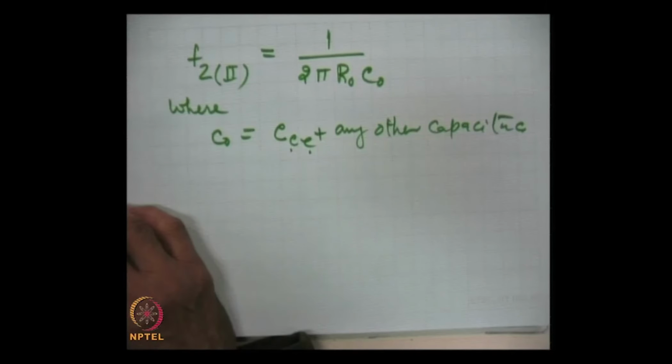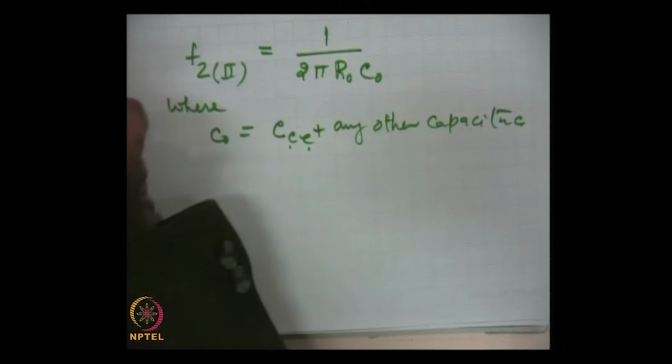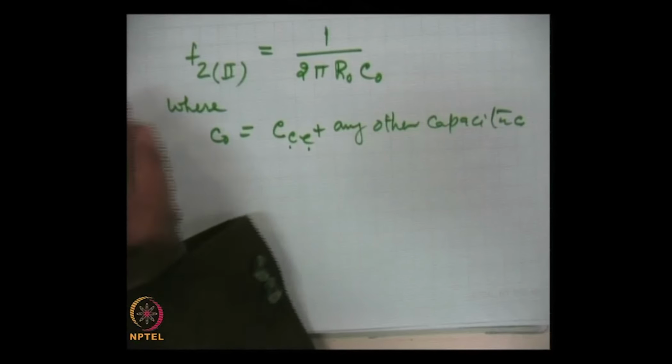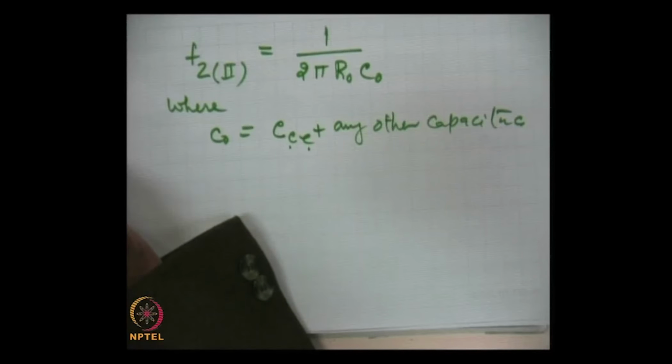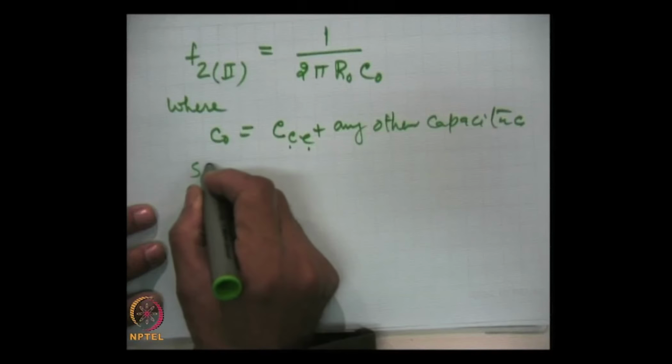In any other, there are two things. We have been neglecting the lead capacitances and the stray capacitances. Stray capacitances arise when there are several conductors in close proximity with currents flowing through them, separated by insulator. They also have a capacitance associated with them, and that we call stray capacitances.